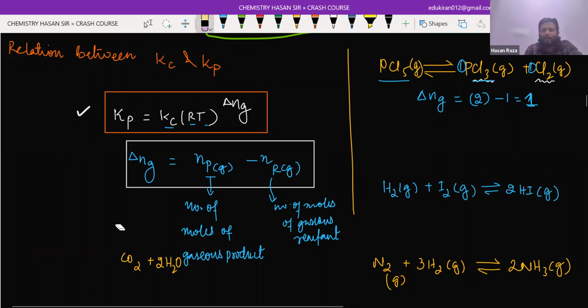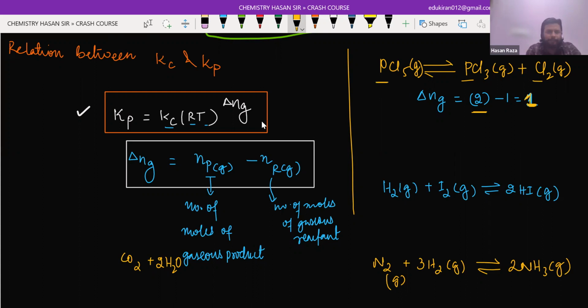Can you tell me how many moles of PCl5 give how many moles of Cl2 and PCl3? 1 mole of PCl3 and 1 mole of Cl2. Simple. So the total number of moles of product is 1 mole of this plus 1 mole of this, which becomes 2 moles of product. And the number of moles of reactant is 1. So delta Ng is equal to 1, or not?